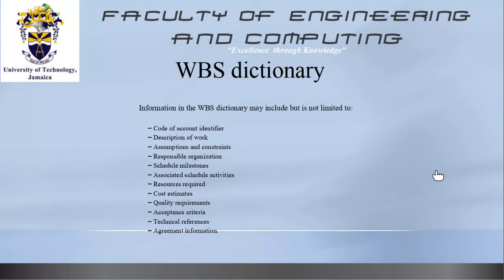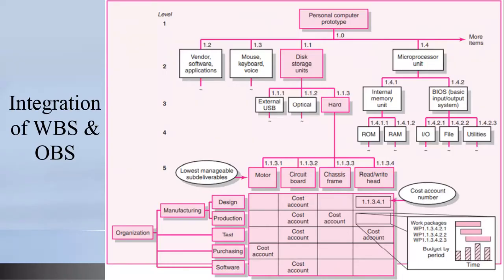And for your assignment, you are required to develop the WBS dictionary with the code of account identifier. Whilst it sounds highfalutin, you already know what that is. What is that? You see these numbers right here that we mentioned before?